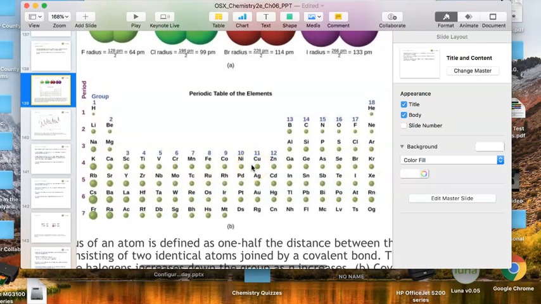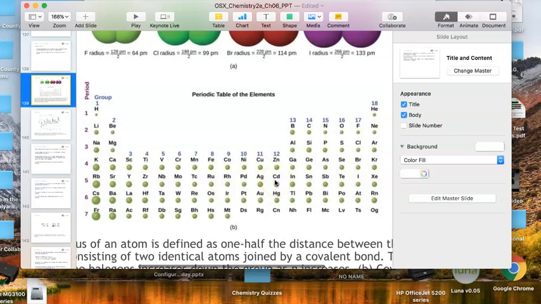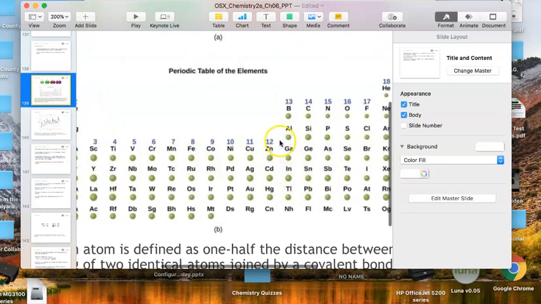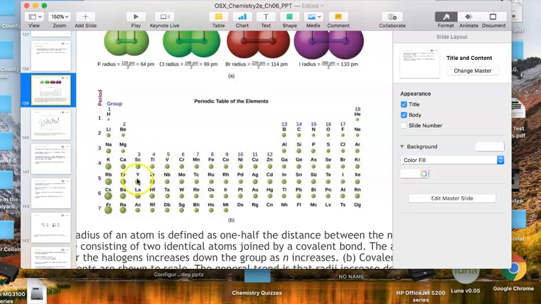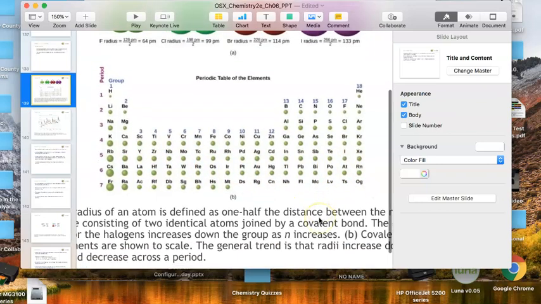Just take my word for it, okay? We're going to be talking about some commonalities. We're not going to talk about exceptions so much. As you go from left to right, we said that the size of the atom gets smaller. You can see that for the most part, it's getting smaller as you go from left to right. It's really hard to tell in this picture, but for the most part, the sizes are getting smaller as you go from left to right.